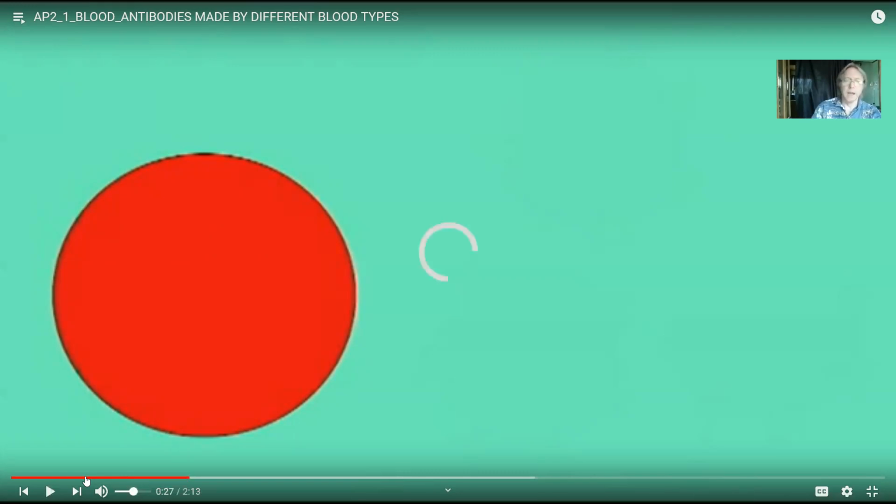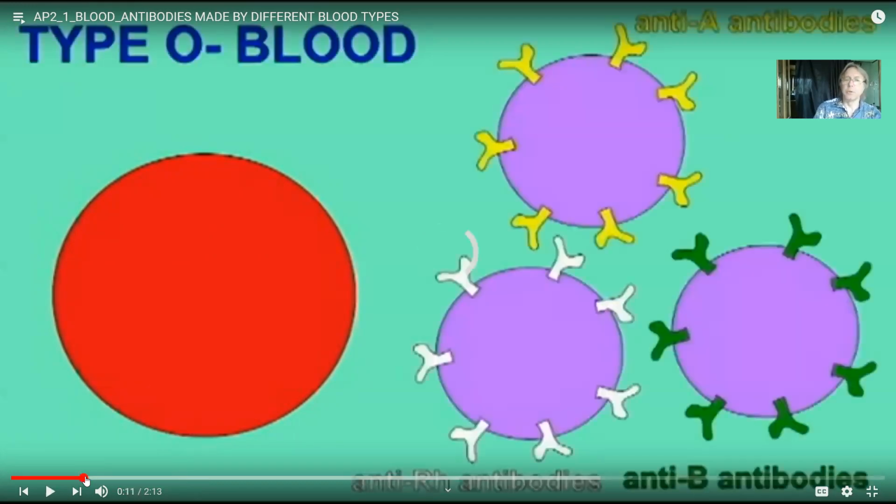So the Rh factor is determined by another separate protein, and I'm going to use a white triangle to designate that. And so here we have another white blood cell. Now, it is helpful to consider the Rh system as being separate from the ABO system, because it is.